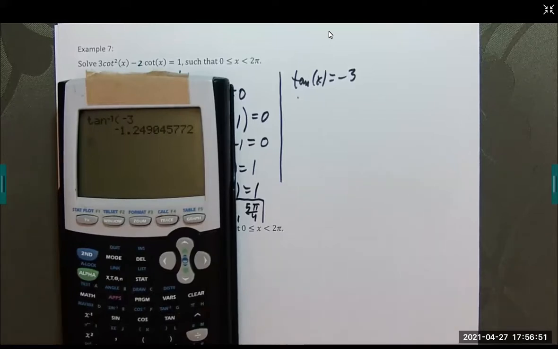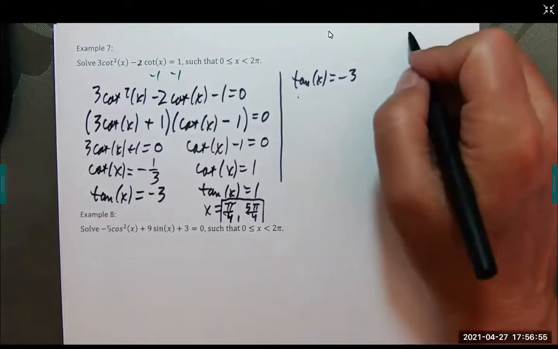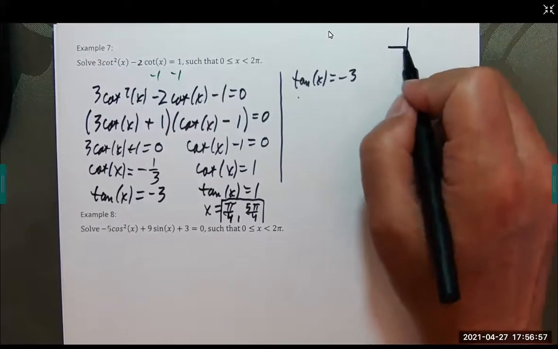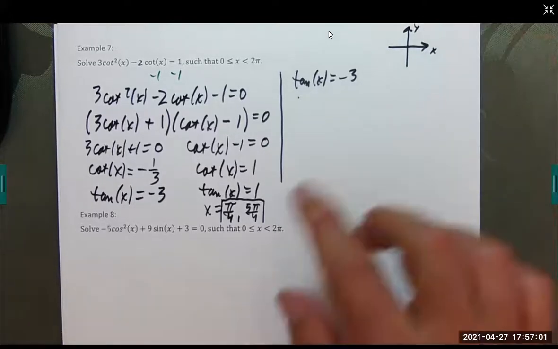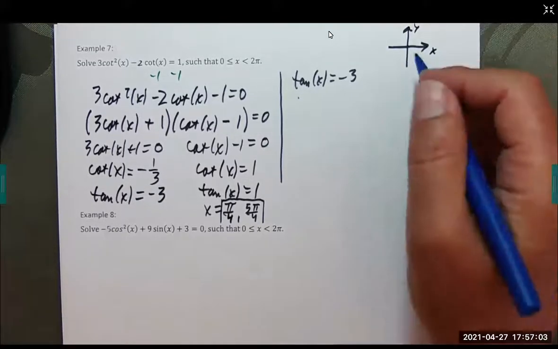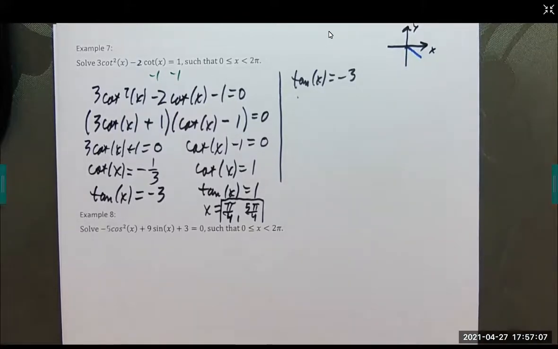I am taking the inverse tangent. And because it's -3, it's giving me the angle down here as a negative angle. So it's going this way.